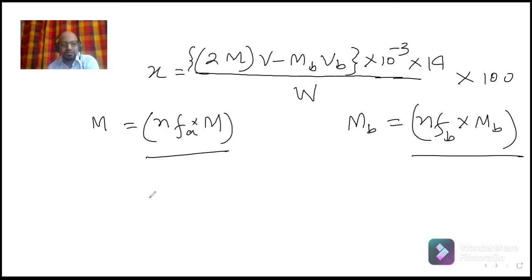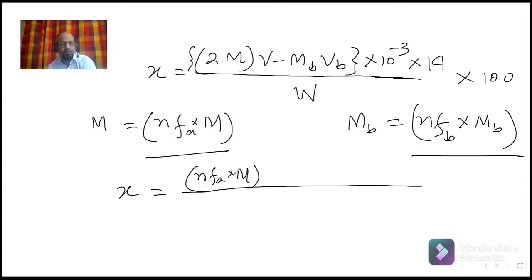So now if you do this replacement, then we'll find n factor of acid into molarity, this is the concentration of acid, into volume of the acid, minus n factor of base into molarity of base into volume of base.